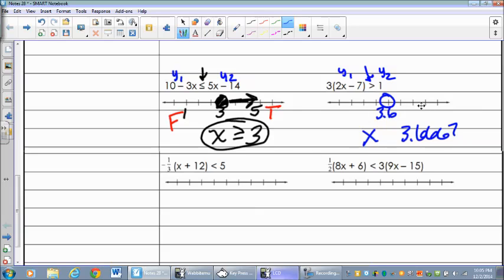All right, so to the right, I need a number bigger than 3.6. So pick a number. I'm going to pick 5. To the left, I need a number smaller, so I'm going to pick 0. I'm going to plug them in.